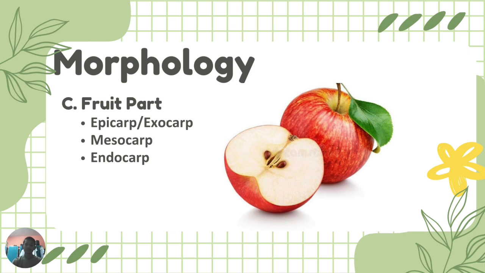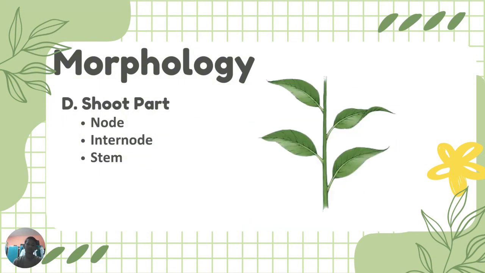Now about the fruit parts. The parts of a fruit are the epicarp or exocarp, and then the mesocarp and endocarp. Next, about the shoot. A shoot has a node, internode, and stem.